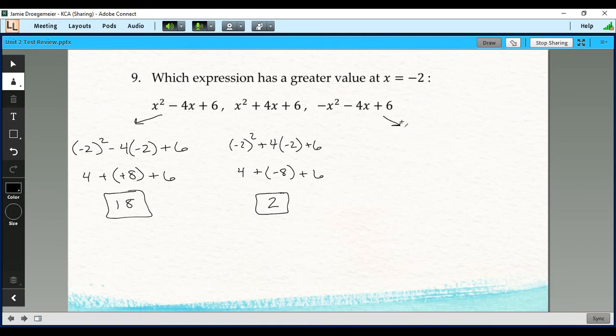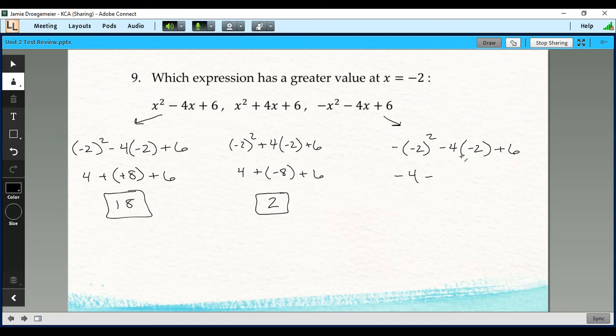And then our last one here, -x squared. So the negative, and then we have -2 squared, then minus 4 times -2 plus 6. All right, so -2 squared is still 4, but that's like -1 times that +4. So it becomes -4 here.